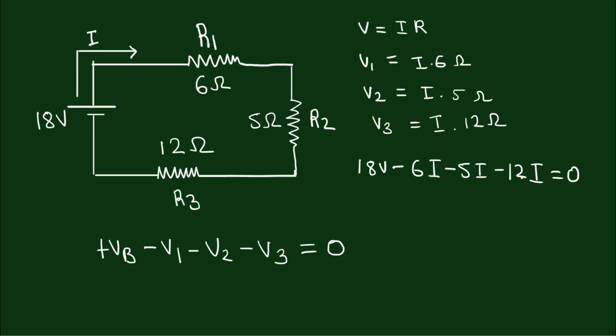So when you take this sum to the other side, we will get 18V is equal to 23I. So the current flowing through this circuit will be 18 by 23 ampere, which is 0.78 ampere.